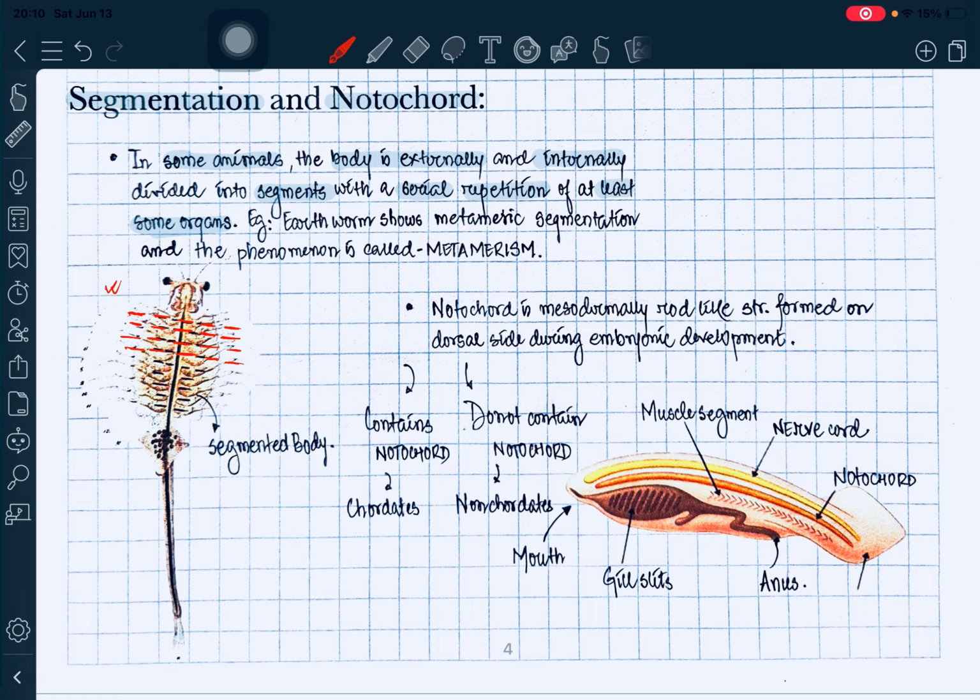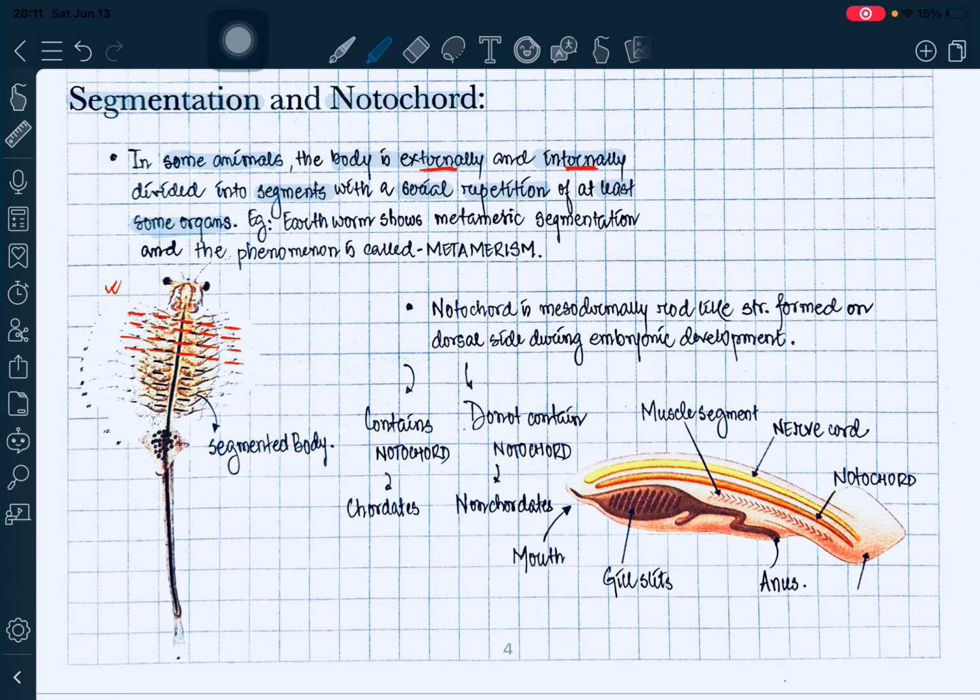So this segmentation can be present externally, or it can be present internally. We will see segmentation in some organisms of a particular phylum.